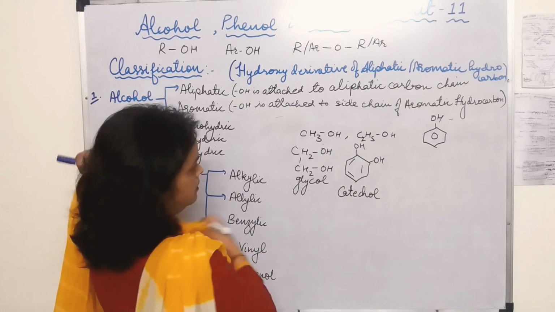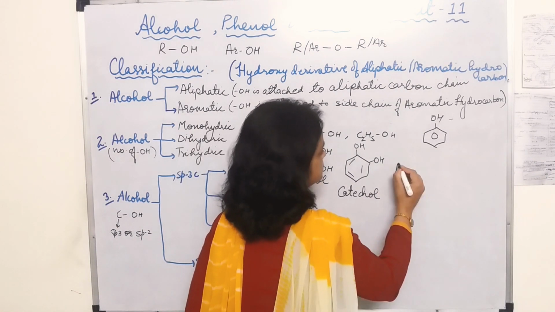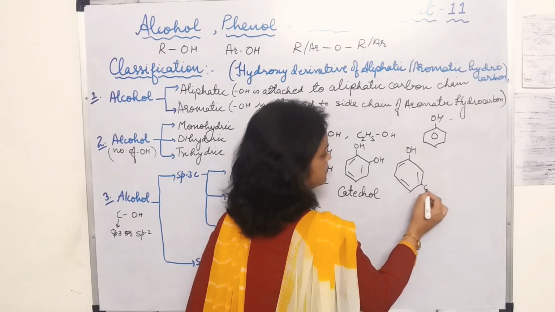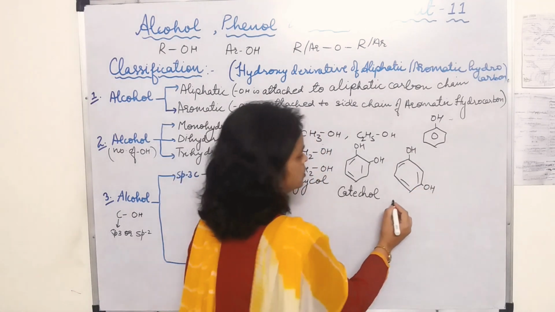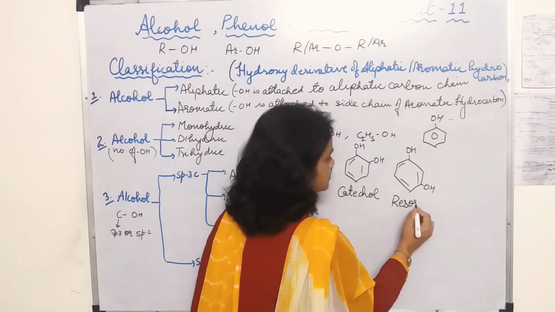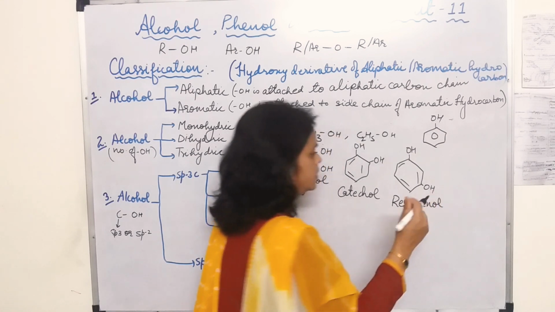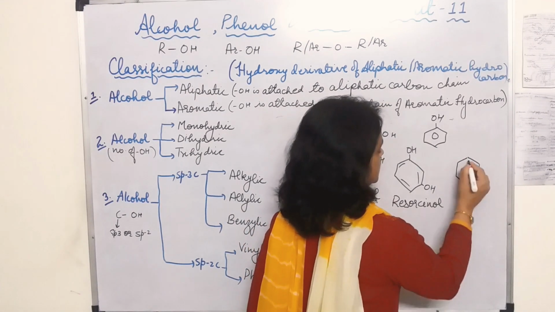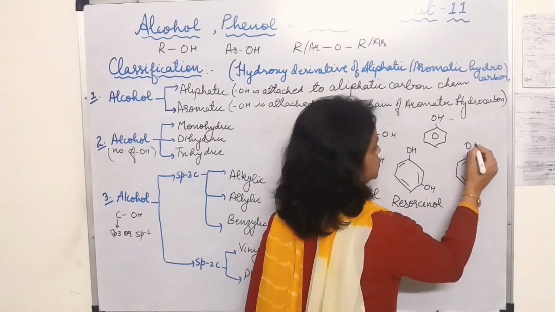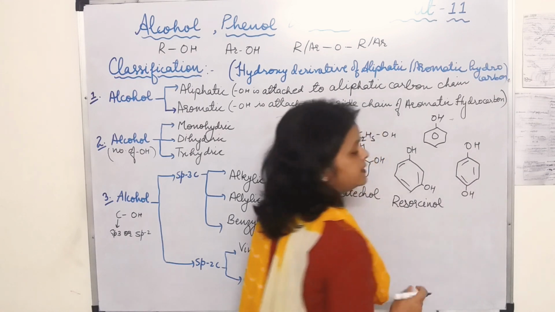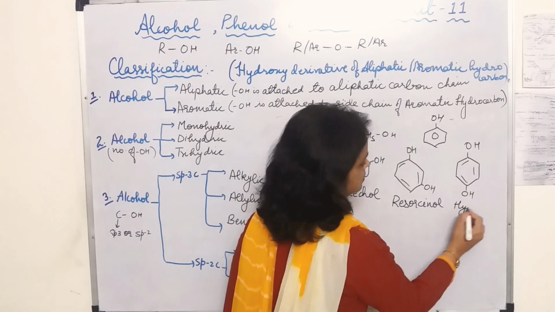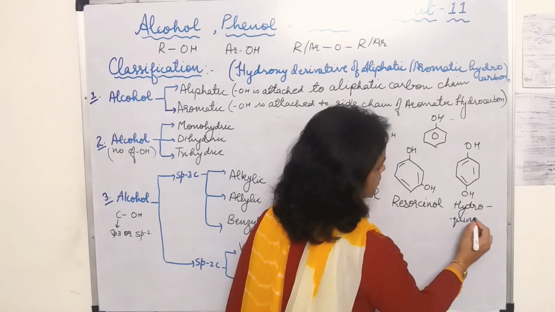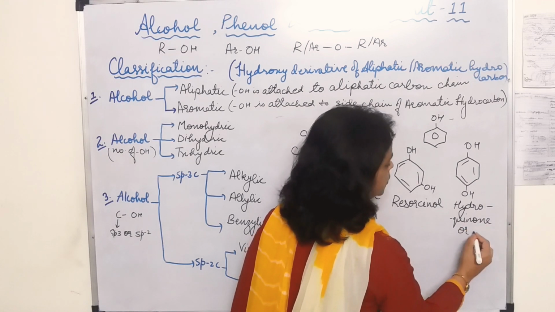They can be at the meta position, then its name is resorcinol. Now if they are attached at the para position, in all the three we have 2 OH, then its name is hydroquinone, or you can say quinol.